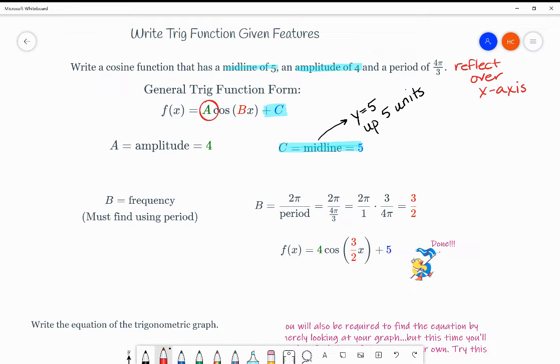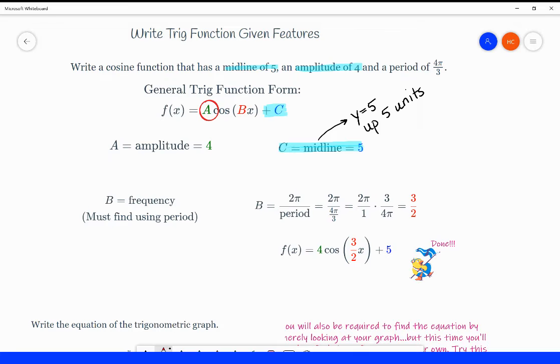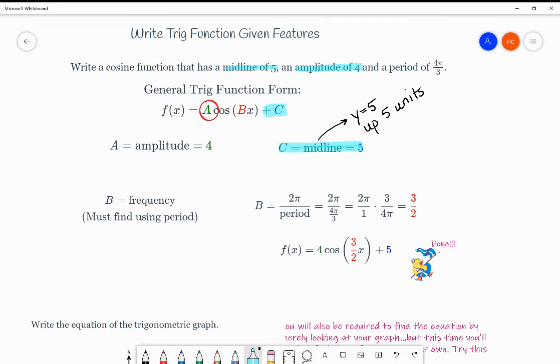But anyway, I'm going to erase this because that's not the case for this problem. Our amplitude is 4, so again, right over here, we are stating what we know. Amplitude is 4.